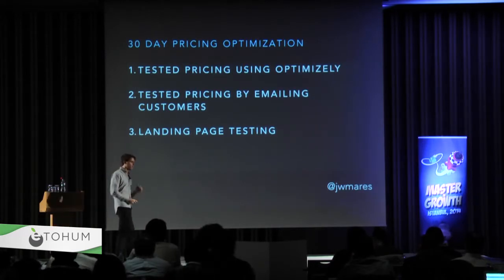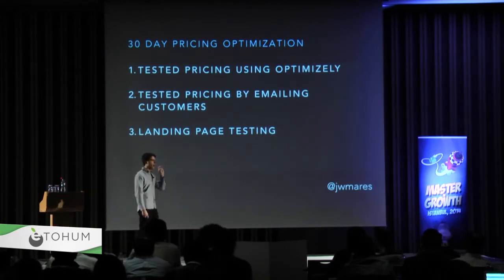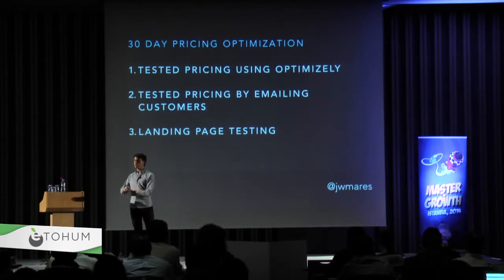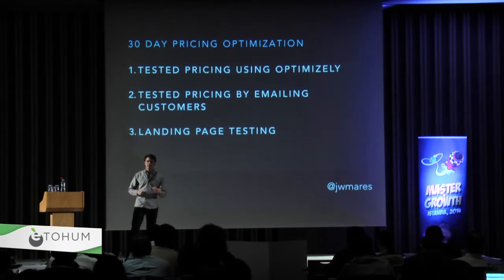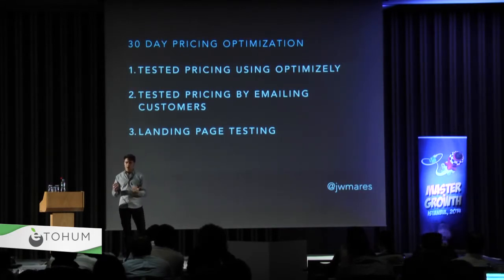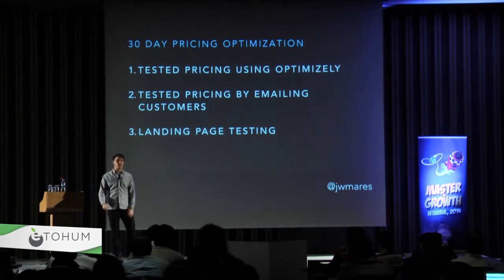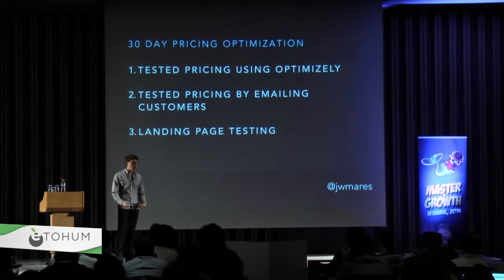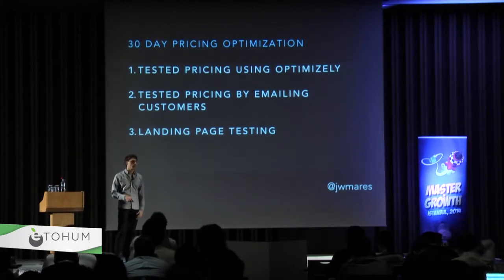Some group of customers got a, hey, you're on a $7 a month plan, we're now rolling out a $50 a month plan with all these amazing things. Do you want to sign up? Some of them got a, hey, you're on a $7 a month plan, rolling out new plans for $29 a month. Do you want to sign up? And across these, we saw that one of these plans had a much higher conversion rate than the others, which we obviously weighted in making our decision around what plans to go with.